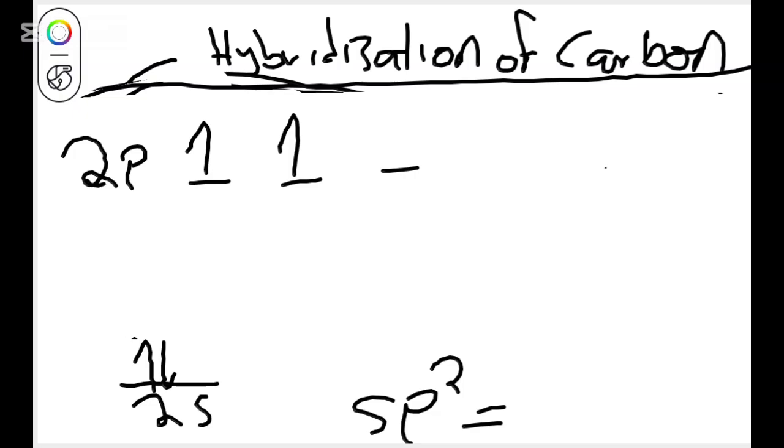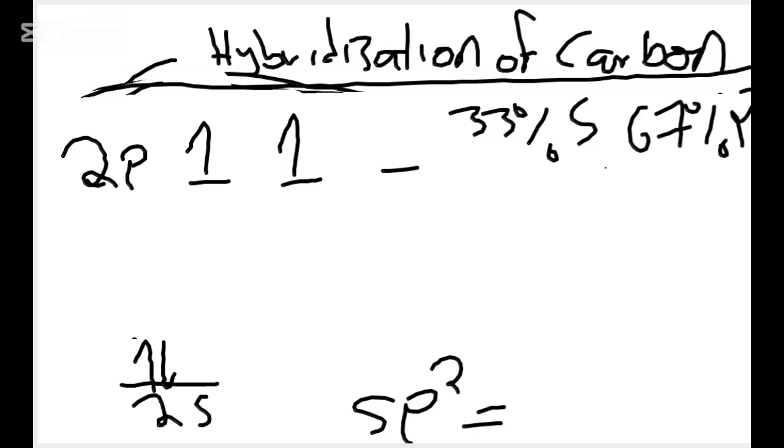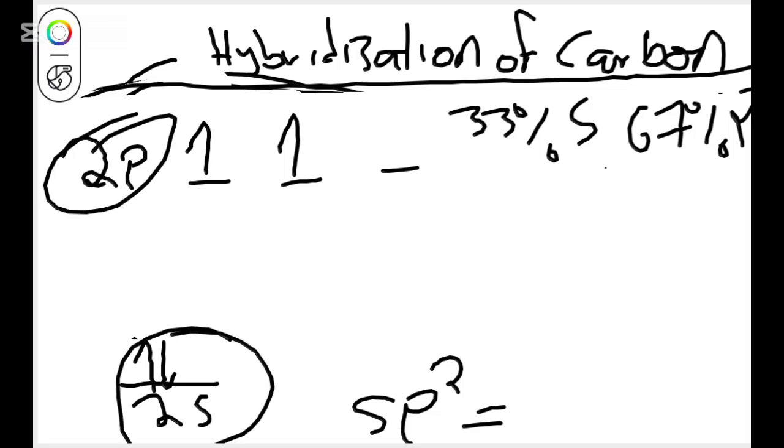In average, because we have 1s, this will now be 33% s and 67% p. The sp2 hybrid orbital should still be closer to 2p than 2s.